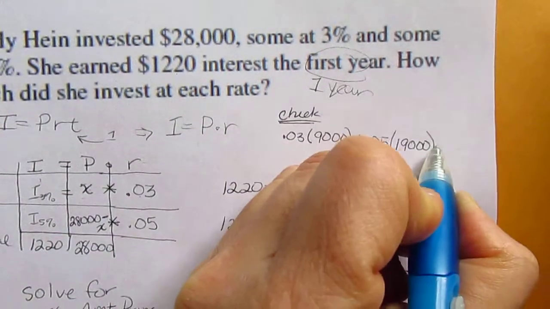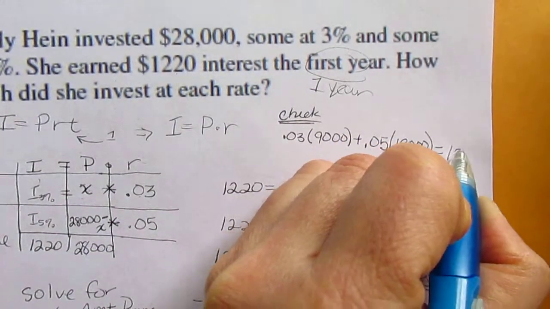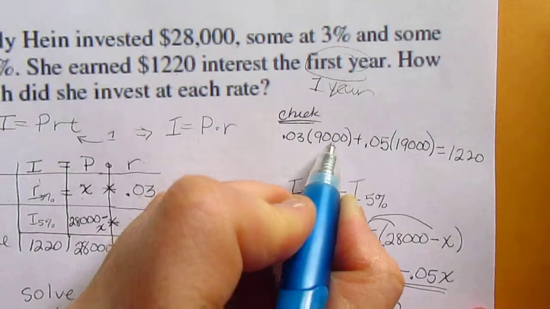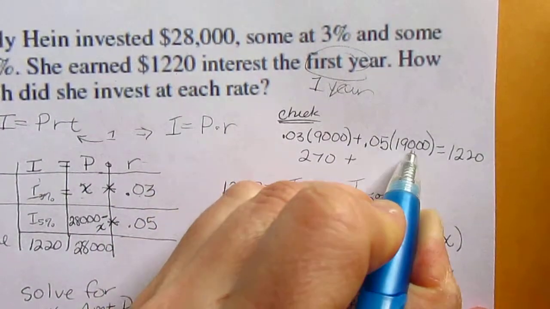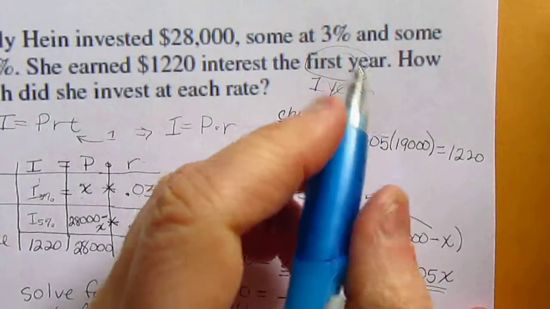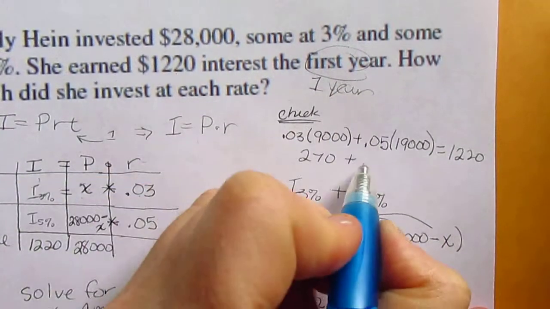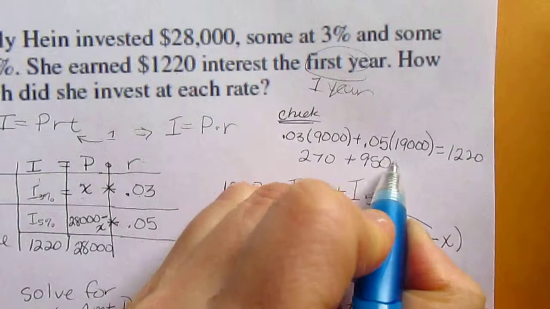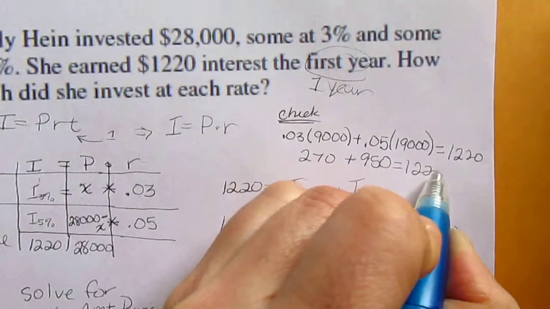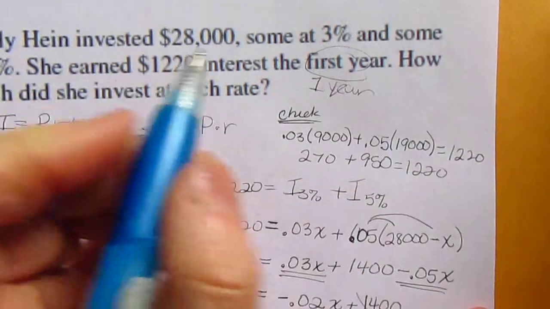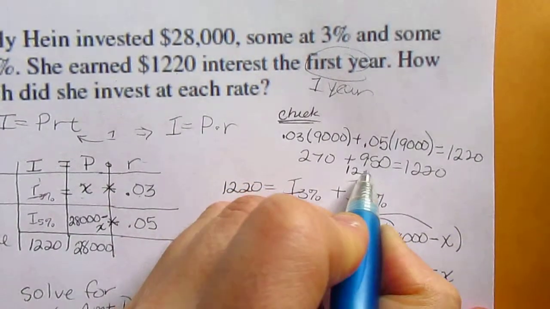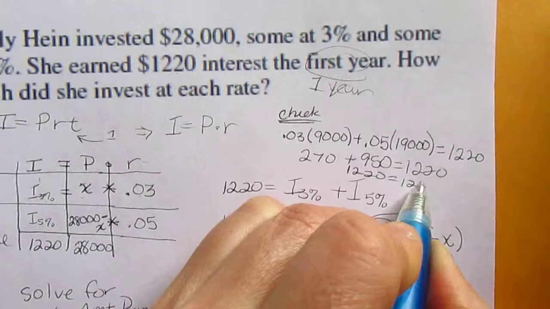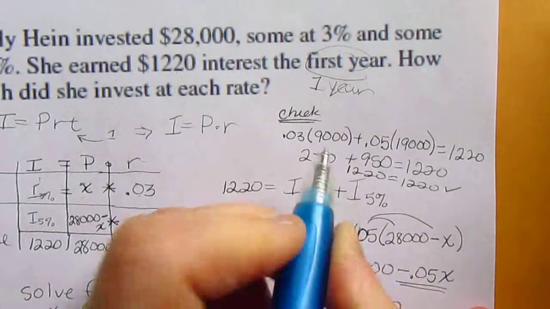And I need to make sure that's going to equal my 1220. When I do this, I get 270. 5% of 19,000 is 950. Does that equal 1220? Don't assume that it equals. Actually, add them up. Yes, it does. 1220 equals 1220.